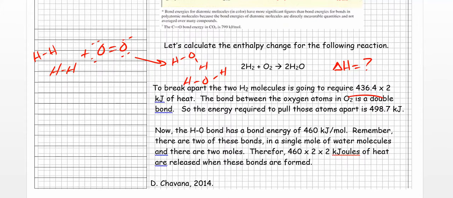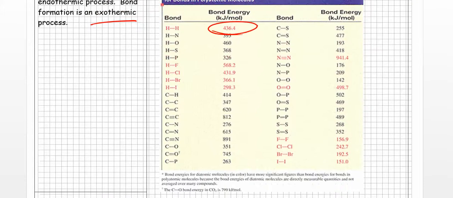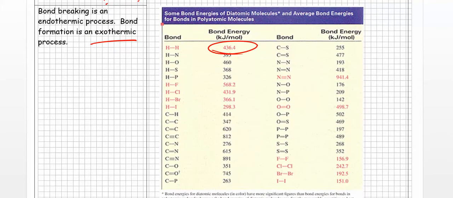Now the bond between the oxygen atoms in O2 is a double bond, right? So the energy required to pull these atoms apart is 498.7 kilojoules. We'll have to be a little bit careful here because there is such a thing as an oxygen-oxygen single bond. As you can see, it's on the right-hand side. It requires only 142 kilojoules per mole to pull an oxygen-oxygen single bond apart.